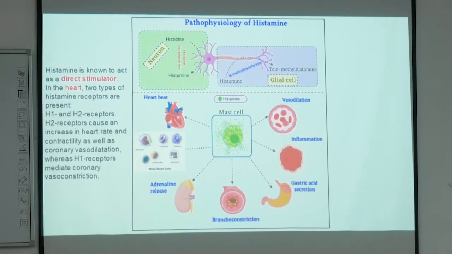Swelling, heat, then redness. Anything else? Swelling, heat, redness. And this inflammation is not infection.